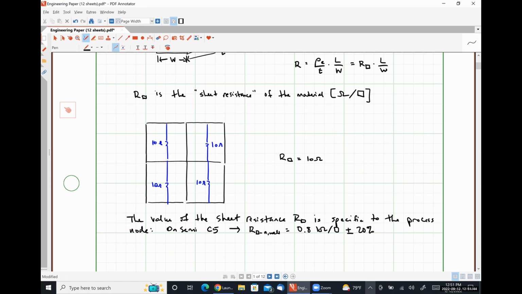So it's about 800 ohms per square. So if we wanted to design a 10 kilo ohm resistor, what would we need to do?